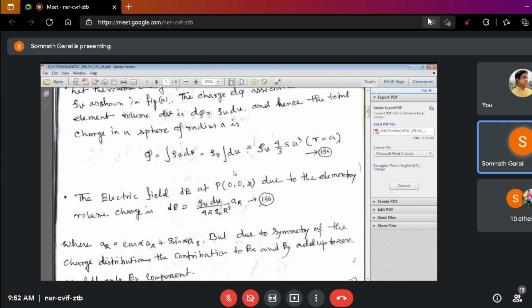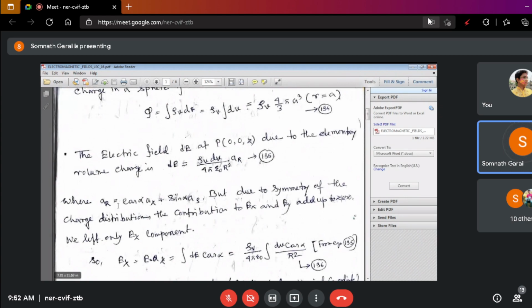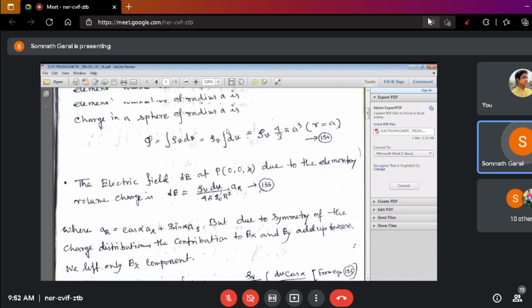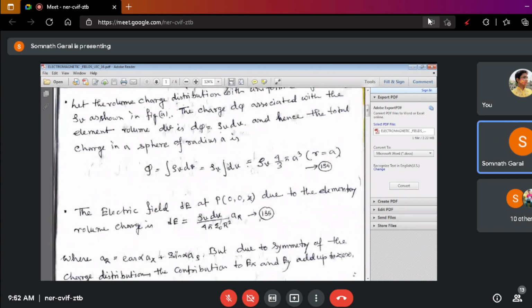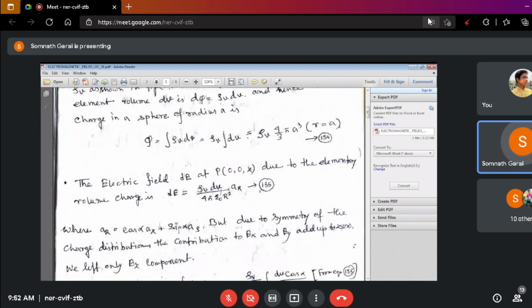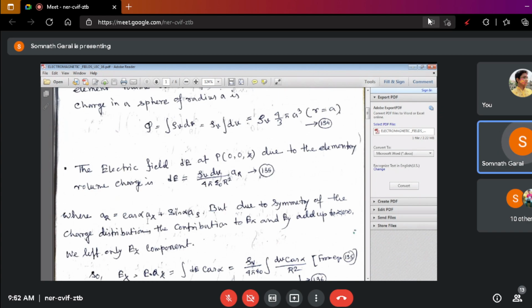So AR is represented as cos phi Az plus sin phi A rho.